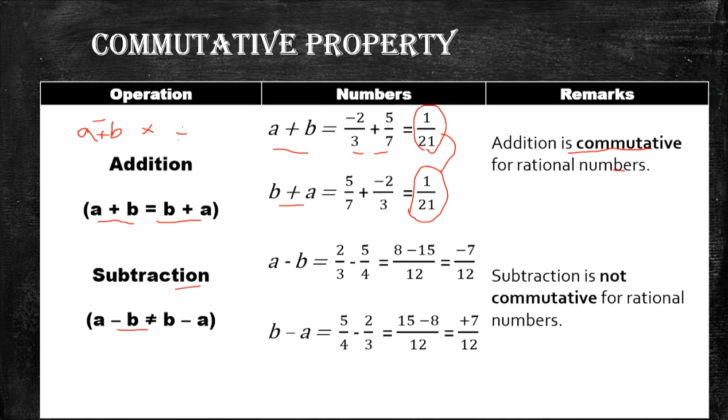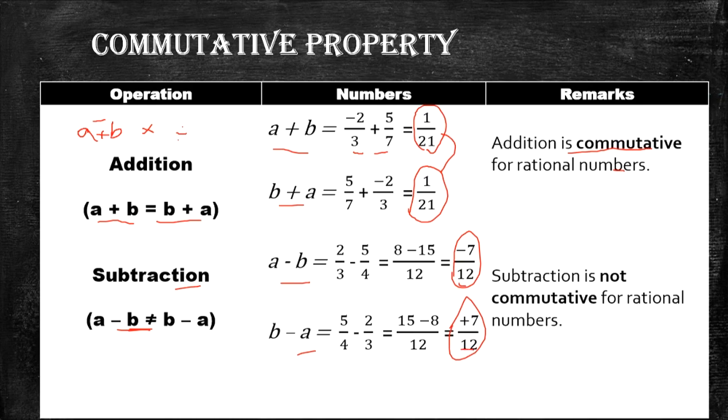See, a minus b is not equal to b minus a. Let's see why. For a minus b, I have taken 2 minus 3 minus 5 by 4. The resultant is minus 7 by 12. But for b minus a, it is plus 7 by 12. The numbers are the same. See, 7 by 12, 7 by 12.